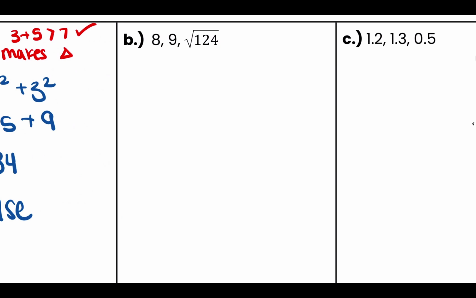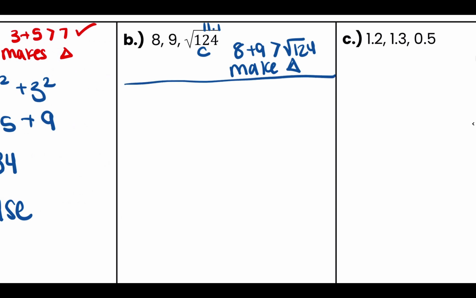Okay. Next one. So the square root of 124, this is 11.1. So this is our C because it's actually bigger. So we know that 8 plus 9 is greater than the square root of 124. So it can make a triangle with those sides. Now we can double check and see what type of triangle.